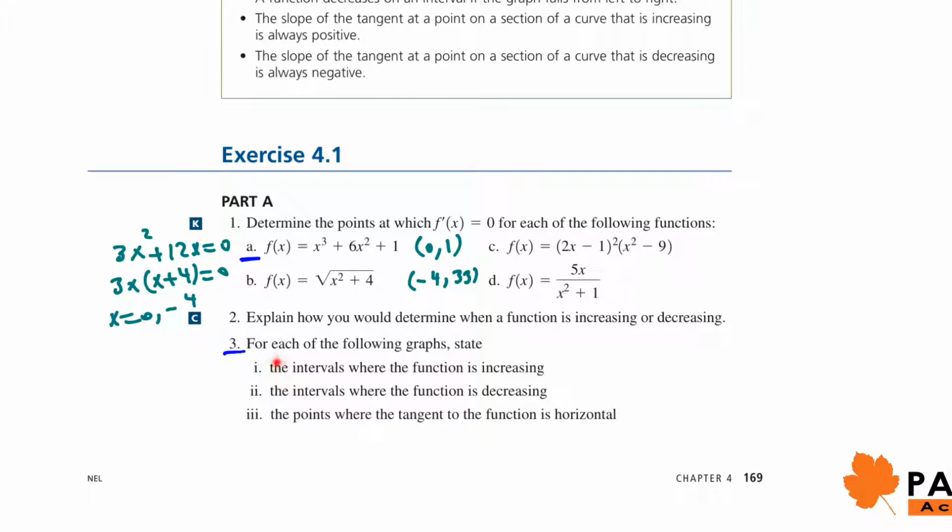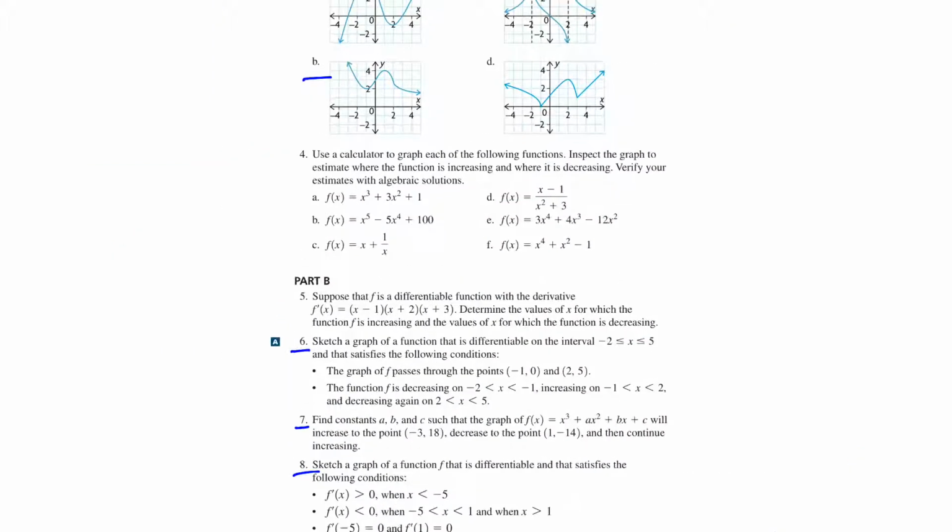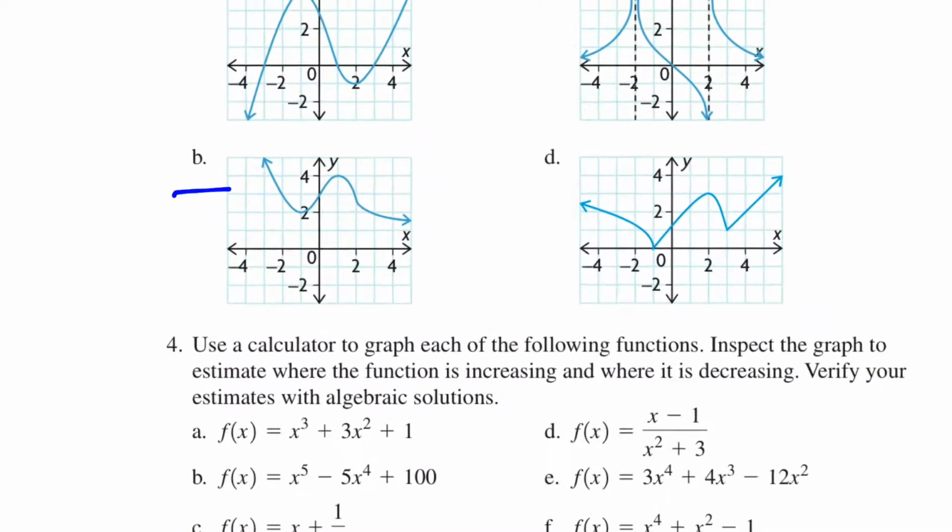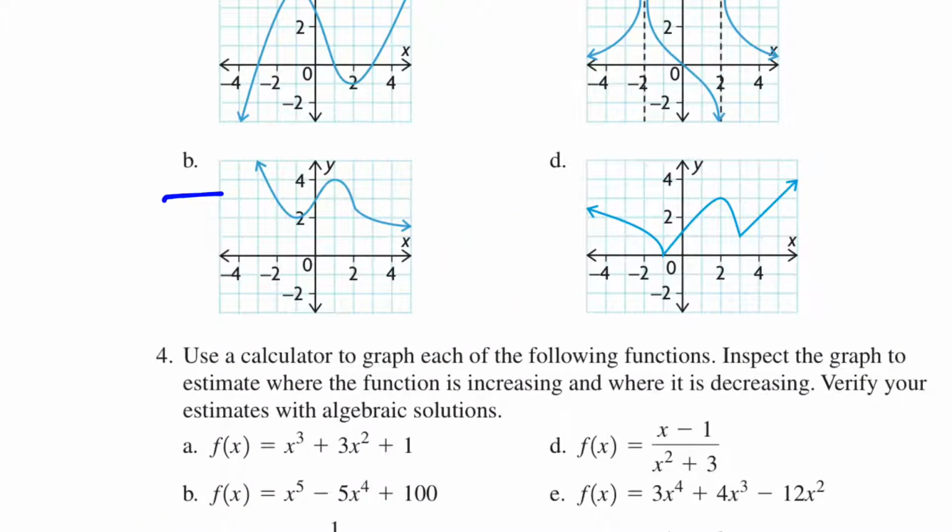Question number 3. For each of the following graphs, state the interval where the function is increasing, decreasing, and at which point the tangent line is horizontal, or derivative is 0. Part B. For x less than negative 1, the function is decreasing.